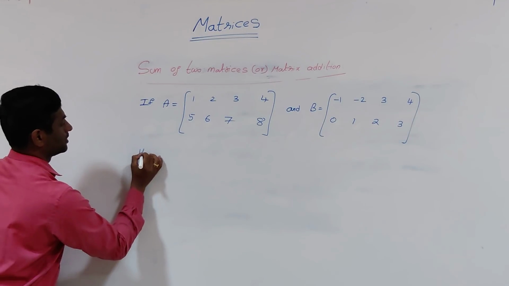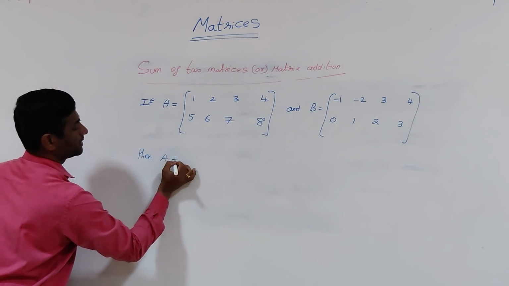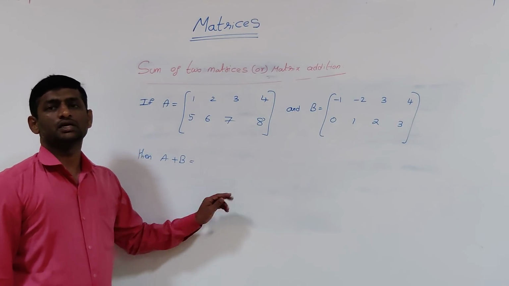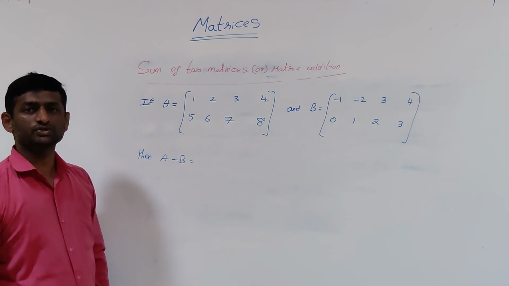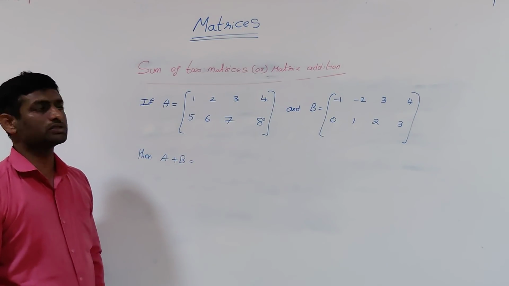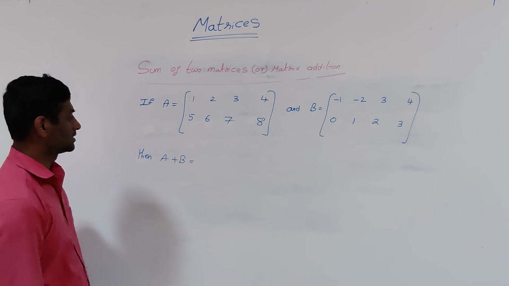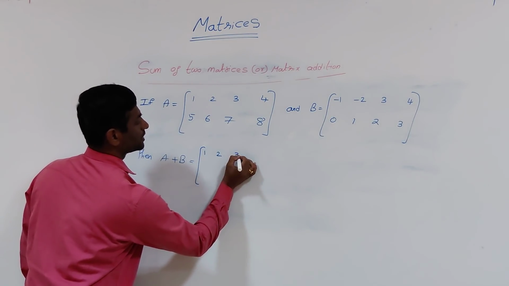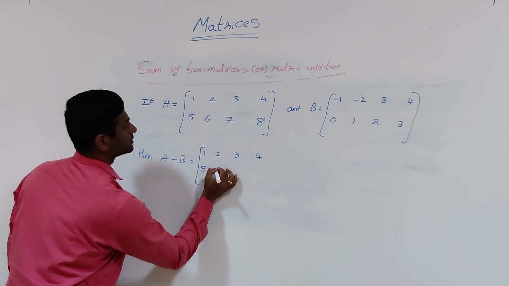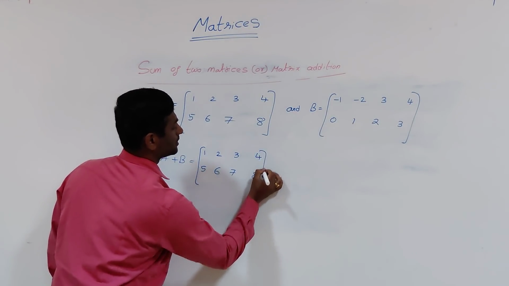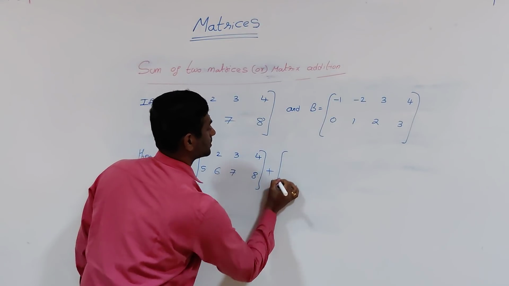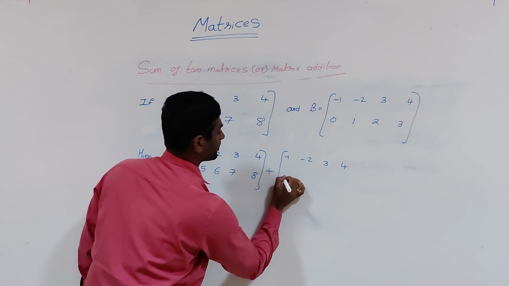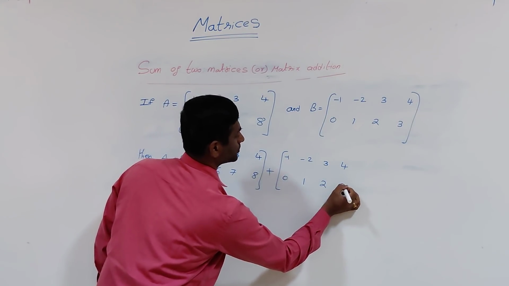Then what will be A plus B? It is very simple. Just adding the corresponding elements of the two matrices gives the addition of two matrices, or we can say sum of two matrices. Now let me write the two matrices: 1, 2, 3, 4, 5, 6, 7, 8 plus -1, -2, 3, 4, 0, 1, 2, 3.